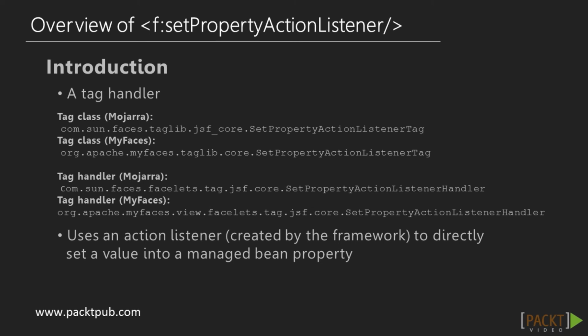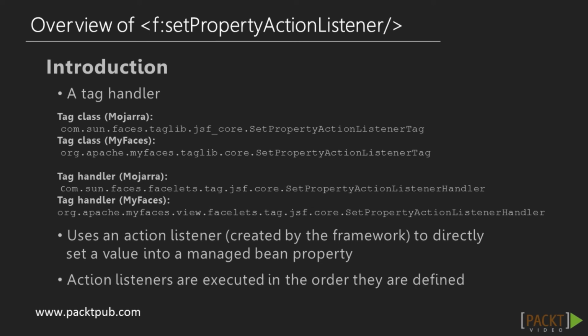It is placed in a component obtained from the ActionSource class. The target attribute indicates the managed bean property, while the value attribute indicates the value of the property. It is important to keep in mind that action listeners are executed in the order of definition, which means that the presence of the f:setPropertyActionListener tag can affect the order in which the listeners are fired.